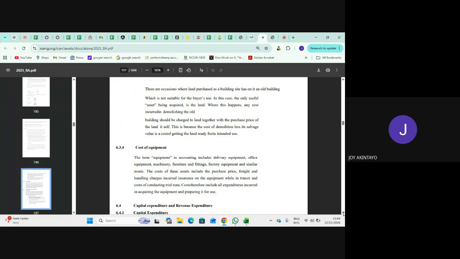Now, the term equipment in accounting includes delivery equipment.